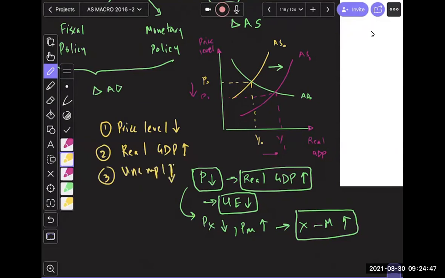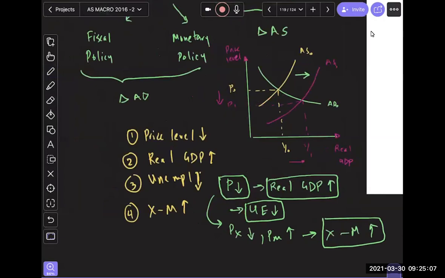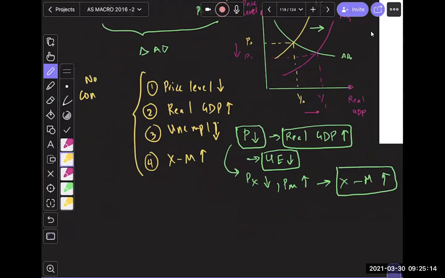As you can see, because GDP goes up, unemployment goes down. And number four, a big advantage we can see here is that because the price level is going down, exports become cheaper, imports become expensive, and net exports can potentially go up. So one of the best things about supply side policy is that there is no conflict with other goals.